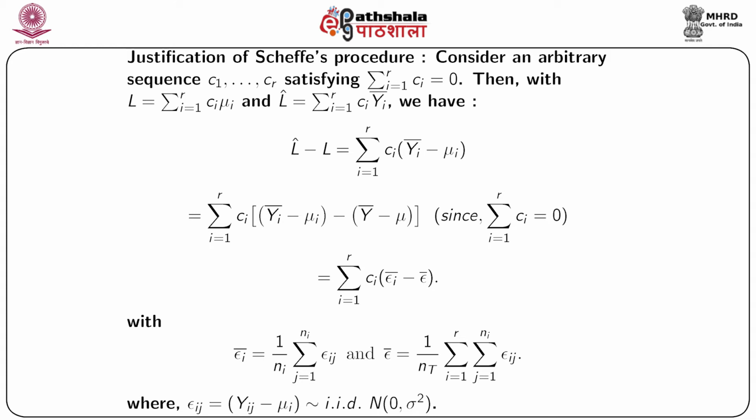It follows a normal distribution with mean 0, and it is homoscedastic, so the error terms have a variance of sigma square.